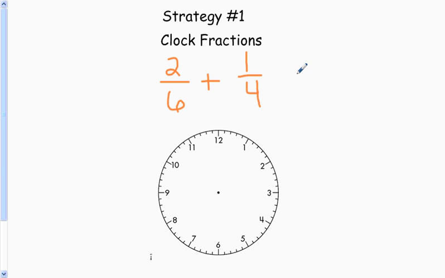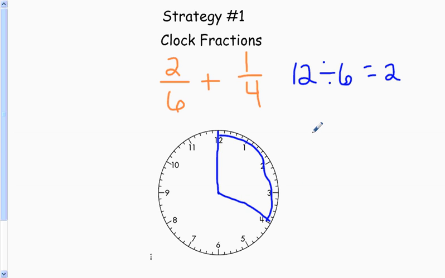I know that the clock has 12 numbers. And if I break it into 6 pieces, it's going to leave me with 2 slices in each section. So if I need 2 of those, 1/6 would stop here. 2/6 would bring me to the 4 on our clock.